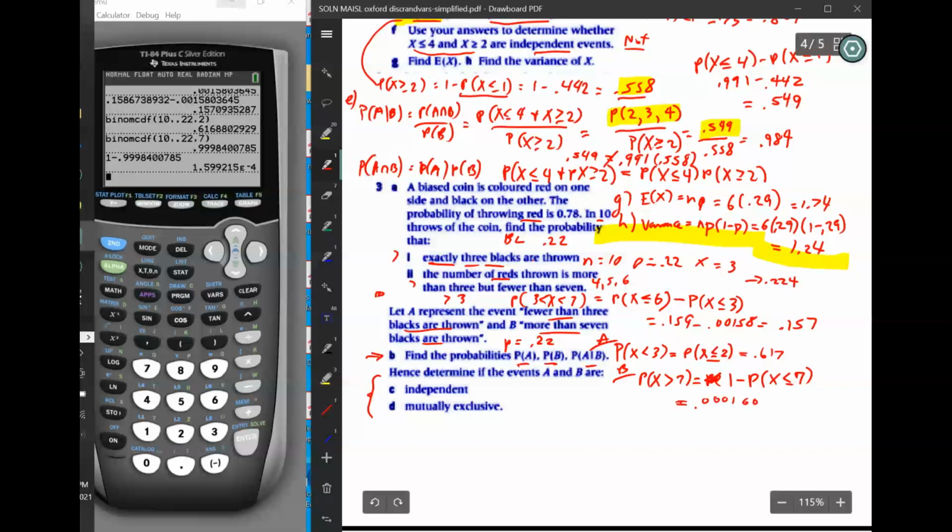Then it says find the probability of A given B. The probability of A given B is equal to the probability that both A and B happen, divided by the probability of B. Remember, this formula is in the formula booklet.